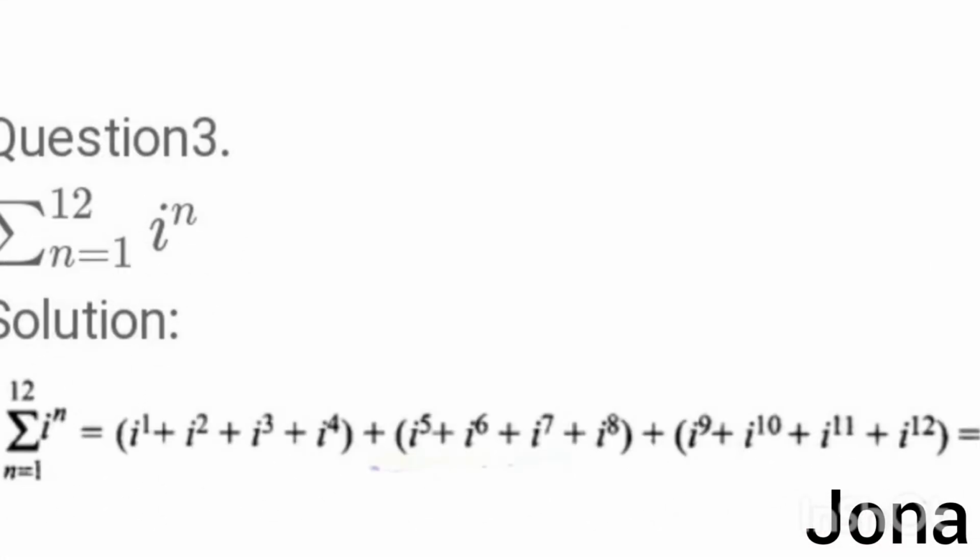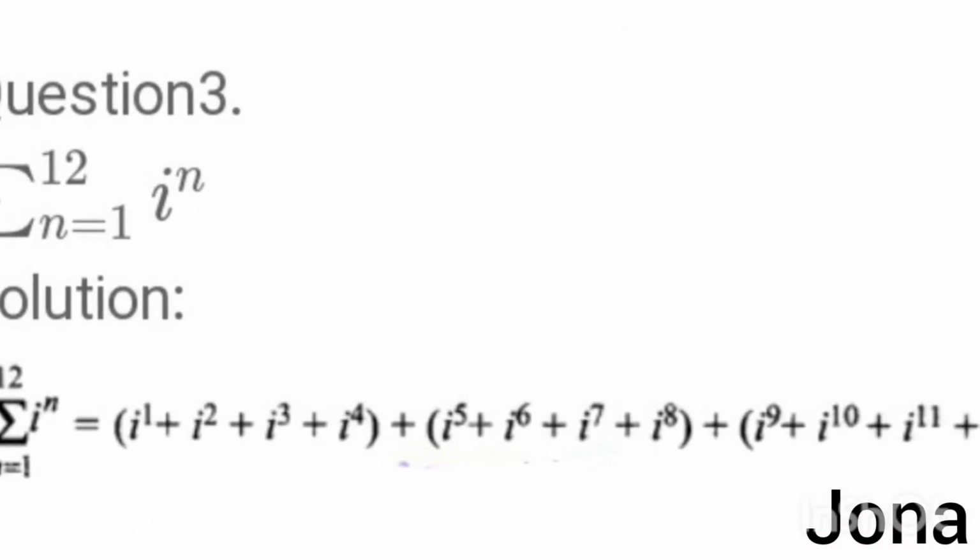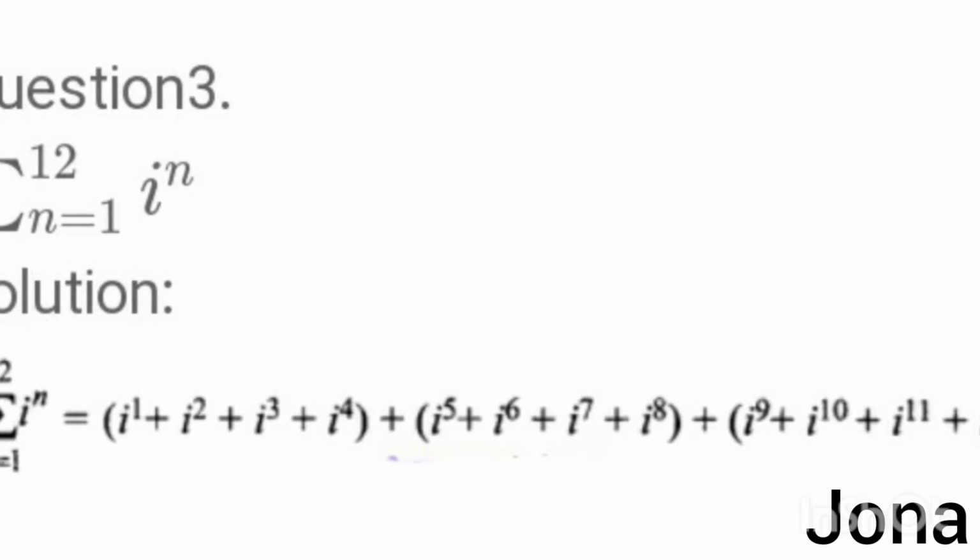Then question number 3, summation of n equal to 1 to 12, i power n. We want to find the solution for this, where n can be from 1 to 12. So sigma n equal to 1 to 12 of i power n.